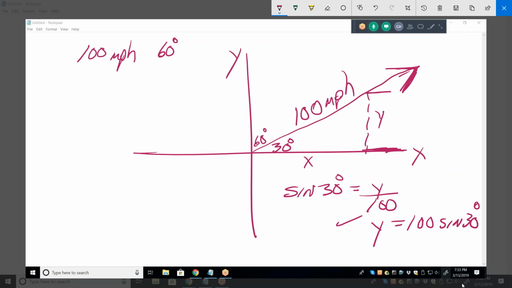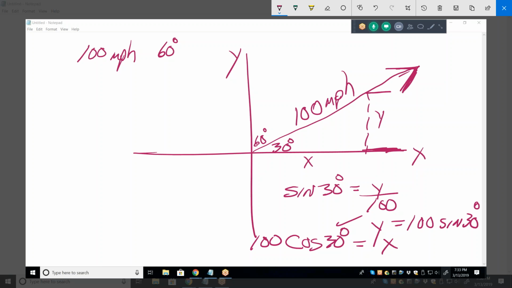Now let's solve for the cosine. What's the cosine of 30 degrees? It would be x over 100. Right, so x is going to be 100 times the cosine of 30 degrees. In other words, I've taken this 100-mile-per-hour vector and separated it into its horizontal speed and its vertical speed.